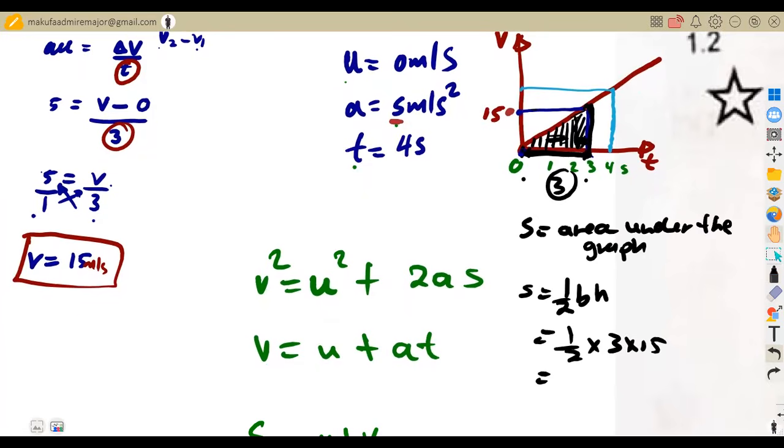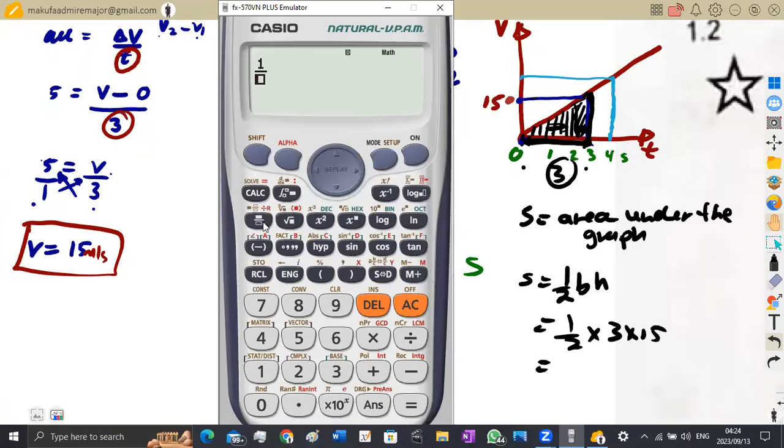Let us check from our calculator if we are going to have the same answer. That is going to be half of 3 times 15. All right, so we've got half of 3 times 15 in this case, like this.